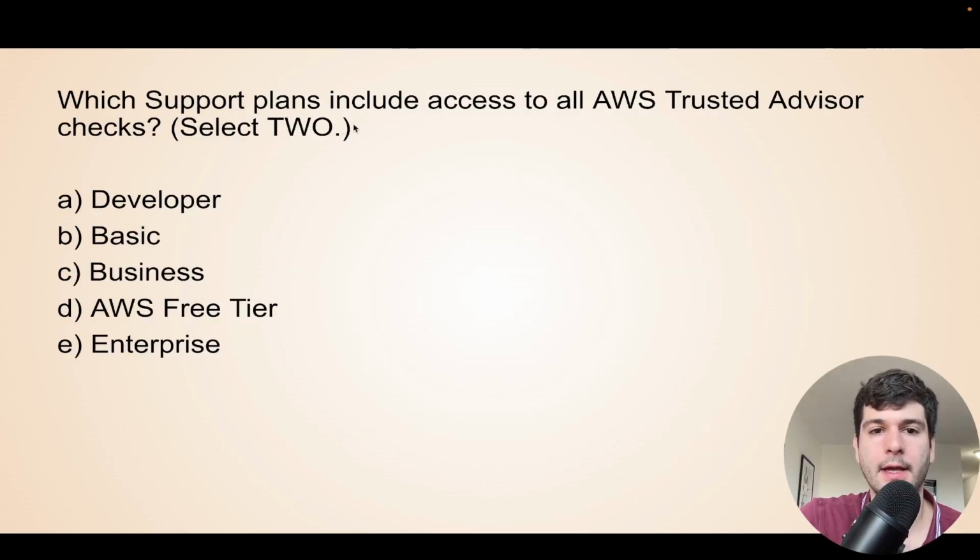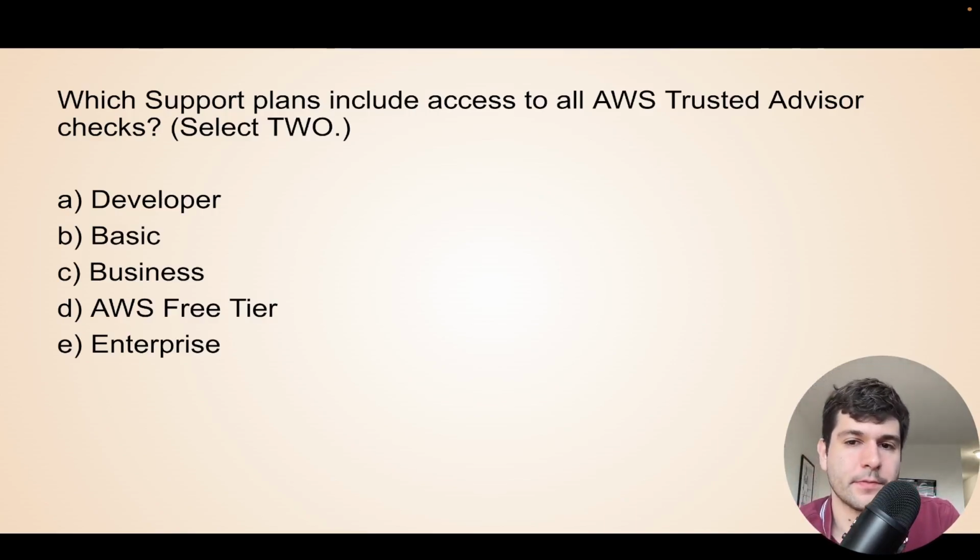Which support plans include access to all AWS Trusted Advisor checks? Different support plans have different access. If you have a question like this, a logical way to go about it is picking the two most expensive or highest level support plans.